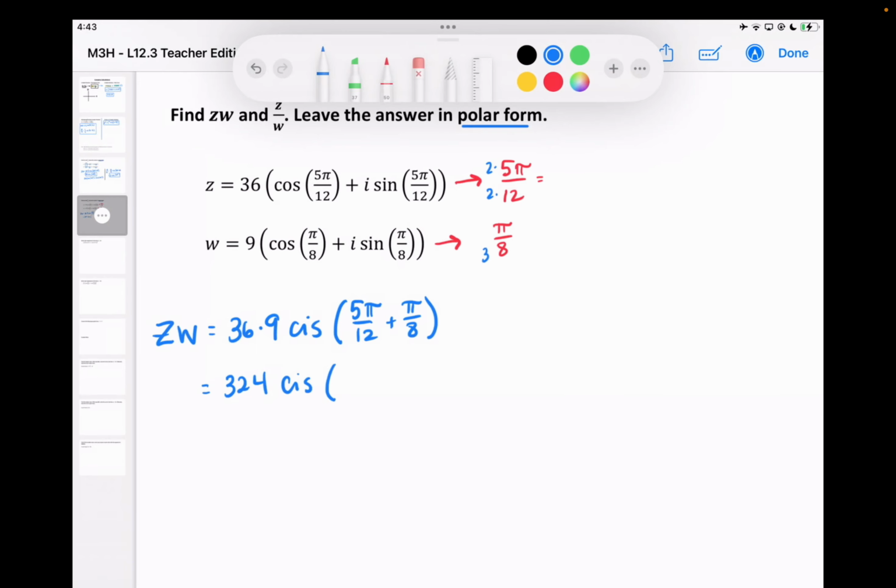And then for the pi eighths, I'll multiply the numerator and denominator by 3. So our first angle will be 10 pi 24ths, sorry. And then the second angle will be 3 pi 24ths. So when we add those, 10 plus 3 is 13 pi 24ths. And we're leaving it in polar form, so that is my answer.